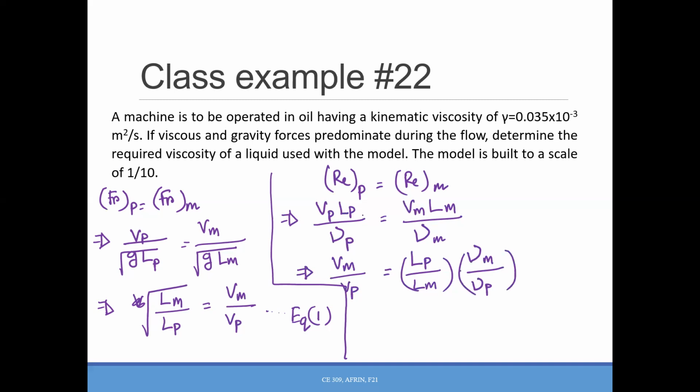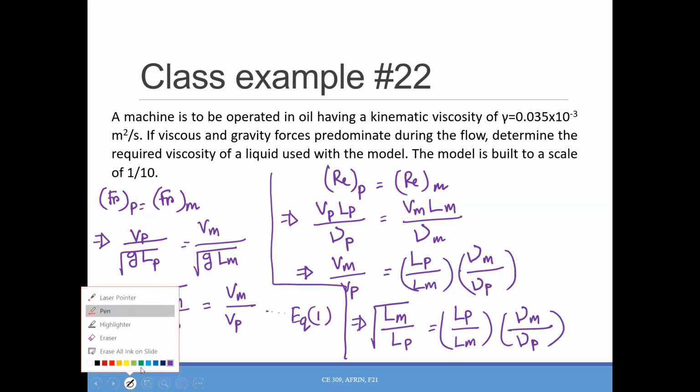So VM over VP, LP over LM, yes, that is correct. So we can use the VM over VP value from equation 1, which is this one. Just make a note.